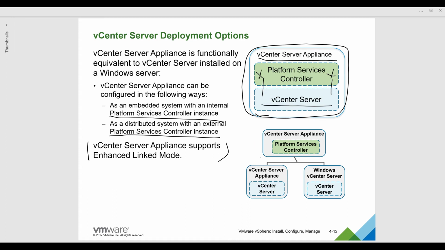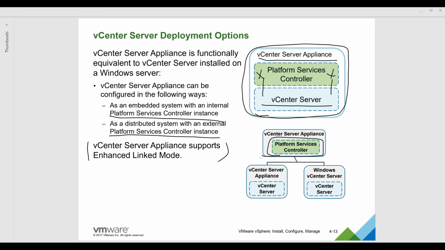Now, your vCenter Server with an embedded platform services controller, this is suitable for your smaller environments. 8 or less product instances. Great for small industry with 8 or less product instances. What about your vCenter Server with an external platform services controller? As we see here, we have our platform services controller on one instance.